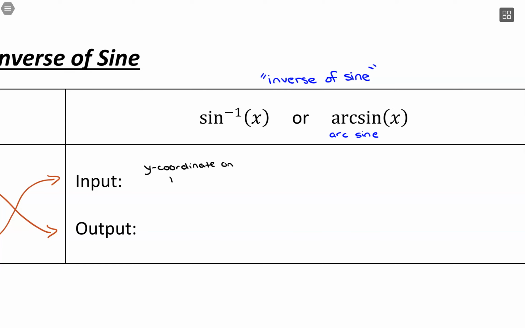on the unit circle, or some ratio of side lengths, or ratio of opposite over hypotenuse. And the output for the function is going to be the angle measurement.